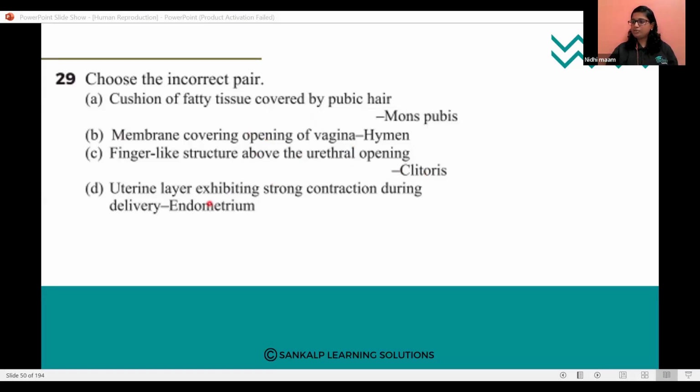Yes, YouTube students. Which is an incorrect pair? So most of you answered option C, finger-like structure above the urethral opening is called clitoris.